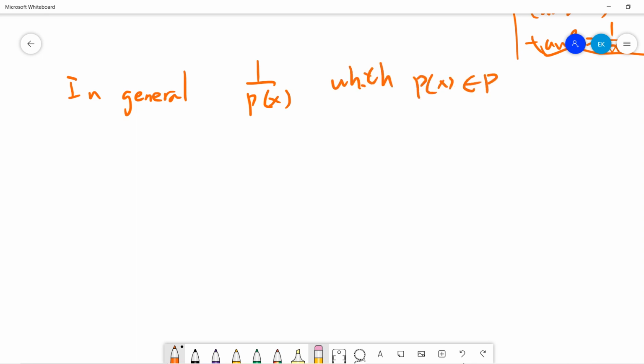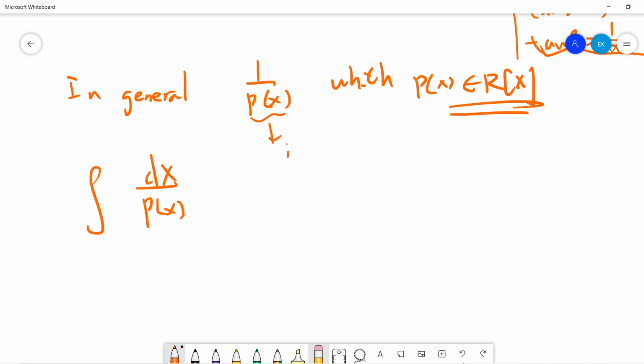So in general, if somebody gives you 1 divided by p of x, where p is a real polynomial with real coefficients, then you can separate p of x into factors of this type of form, possibly with a power.